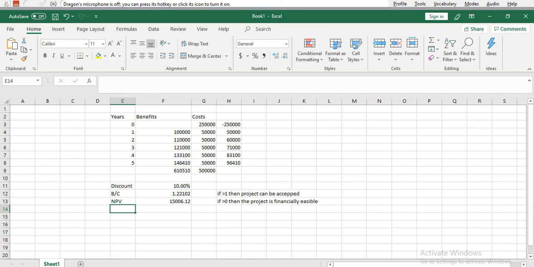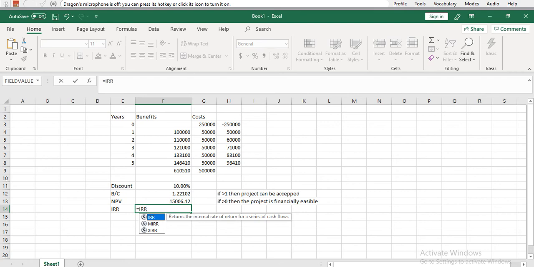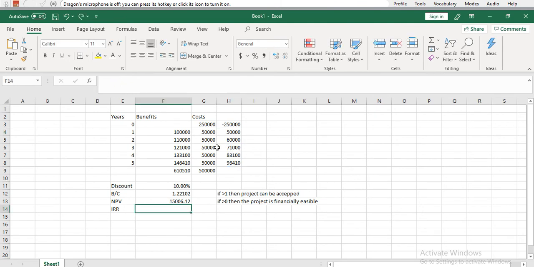Next, internal rate of return, IRR, is equal to IRR of values. There was some mistake in the formula.